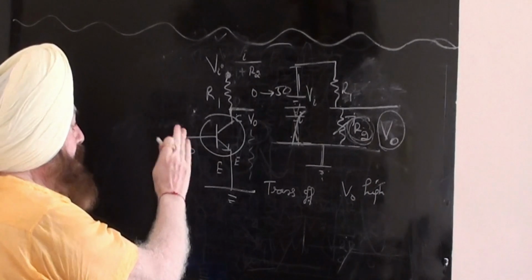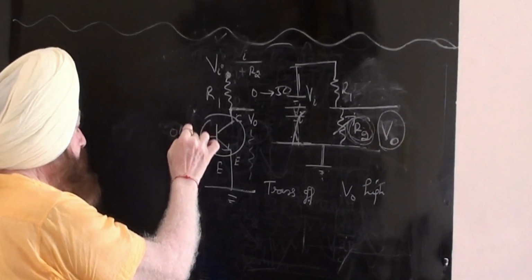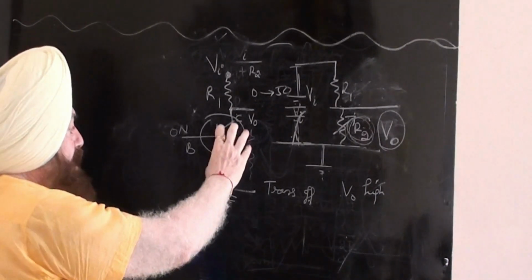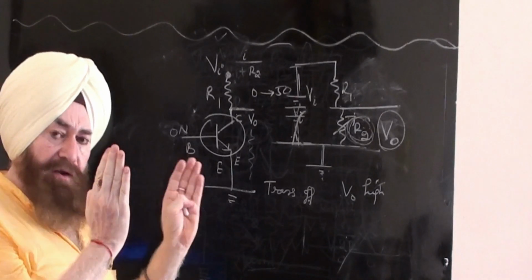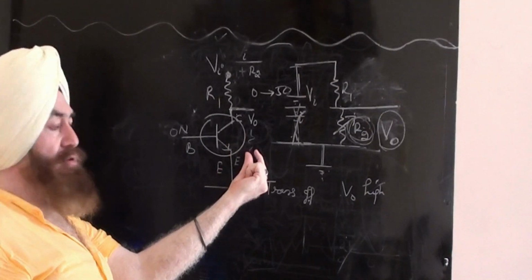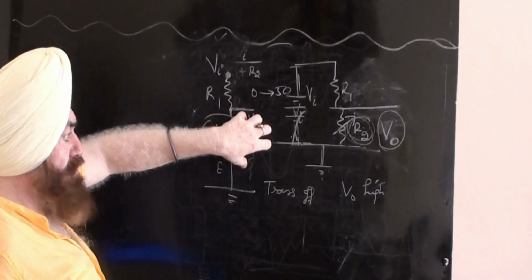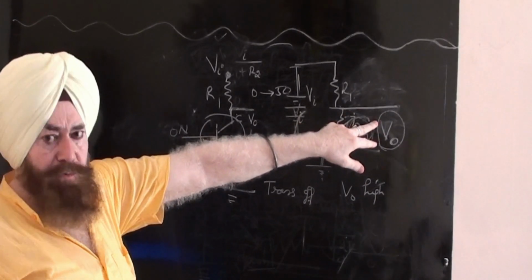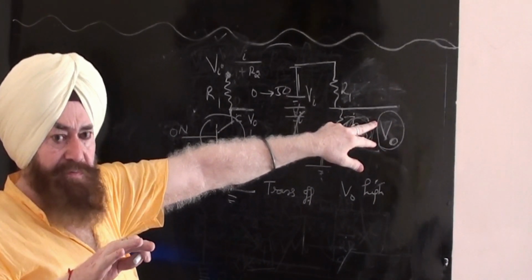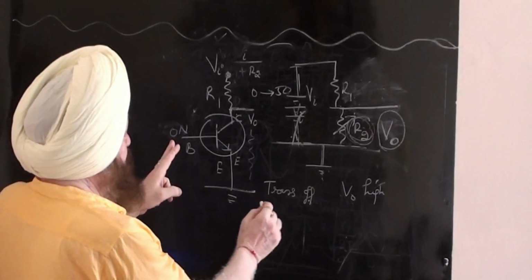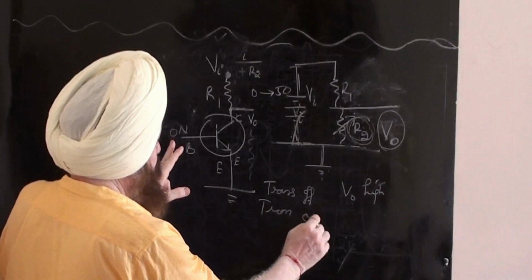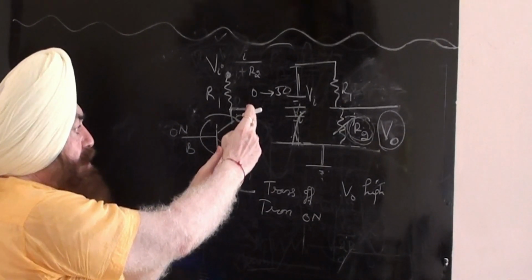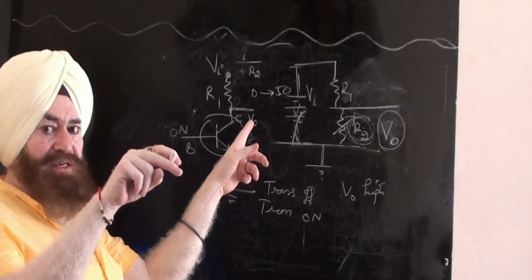Now when you give the signal, this becomes on. Transistor on means it is conducting. When it is conducting, it behaves as a very low resistance. Very low resistance means this resistance goes down. What happens? The output voltage will go down. So when the transistor is on, conducting, with low resistance, the voltage falls. It means the voltage decreases.